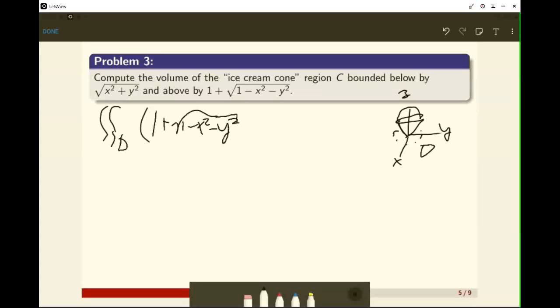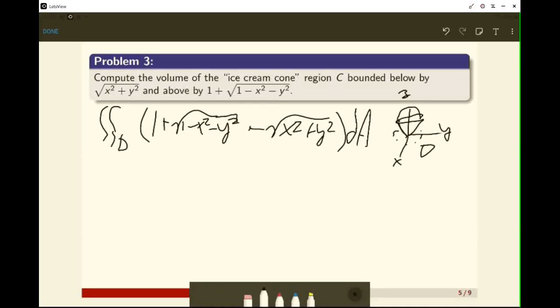And minus the lower height, square root of x squared plus y squared. And this whole thing integrated in x and y.